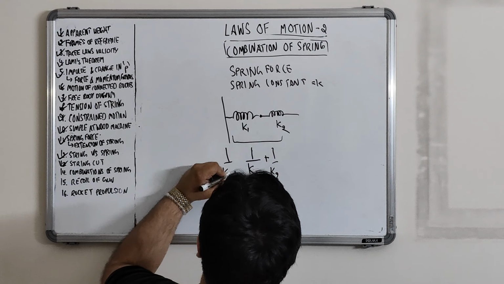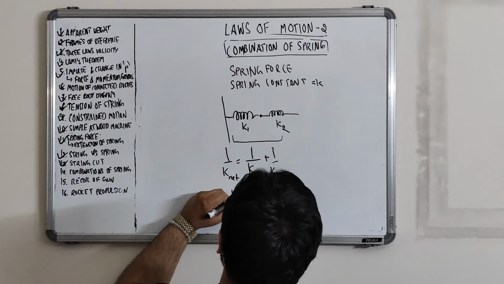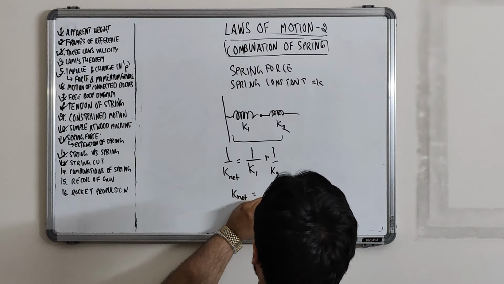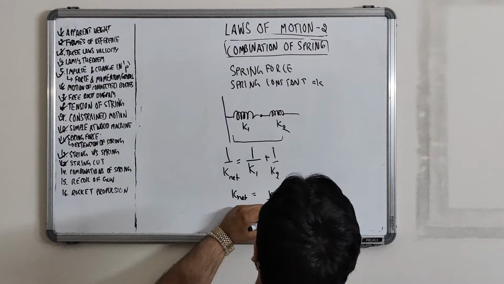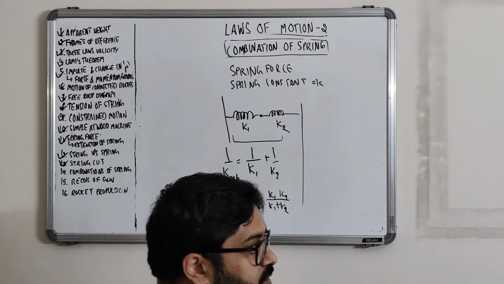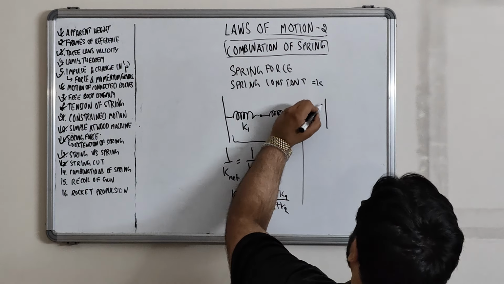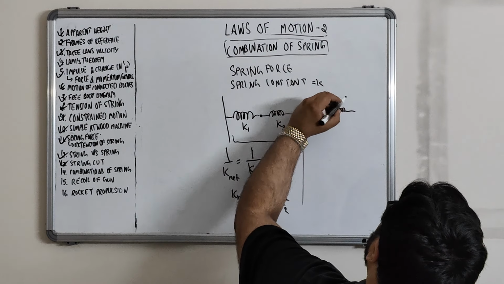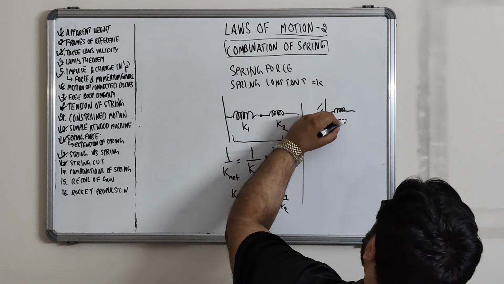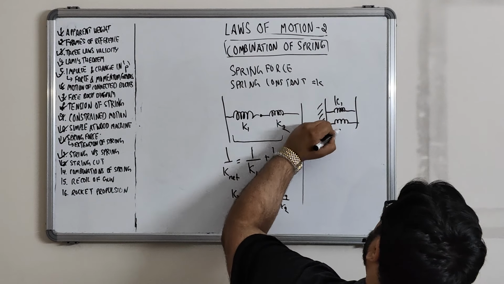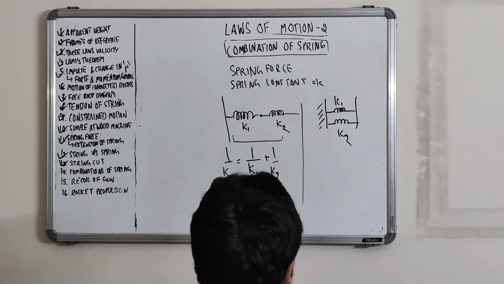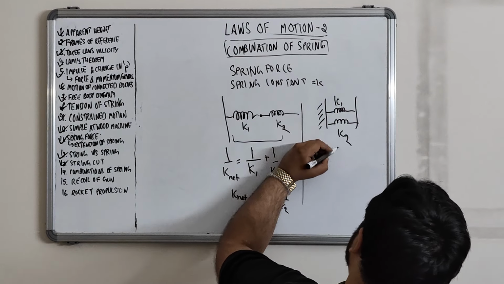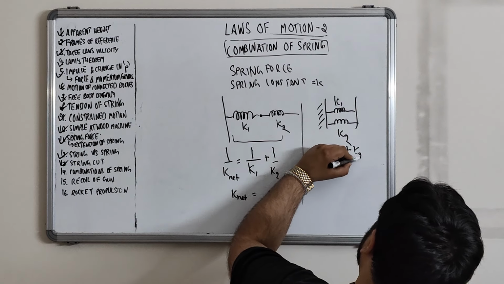This becomes K1 K2 upon K1 plus K2. But if it's in parallel, with K1 and K2, then K net becomes equal to K1 plus K2.